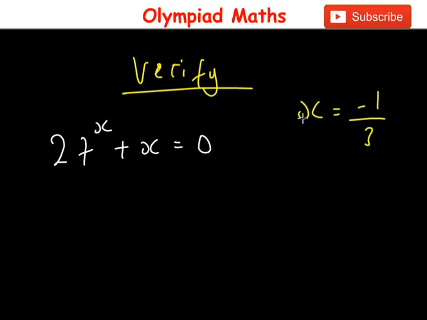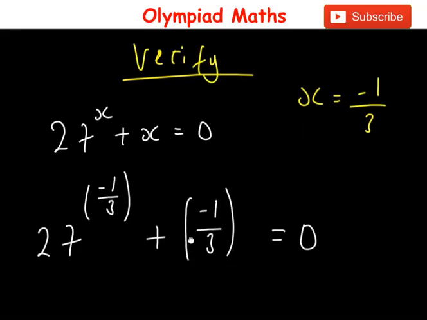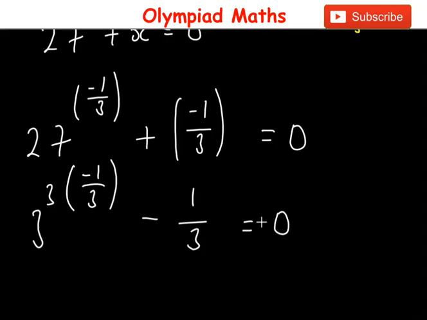So in putting the value of x into this equation, we have 27 raised to power x is minus 1 over 3, then plus x is minus 1 over 3, and this equals 0. So from this, 27 can be written as 3 raised to power 3 into bracket minus 1 over 3, then plus times minus is minus, minus 1 over 3, and this equals 0.